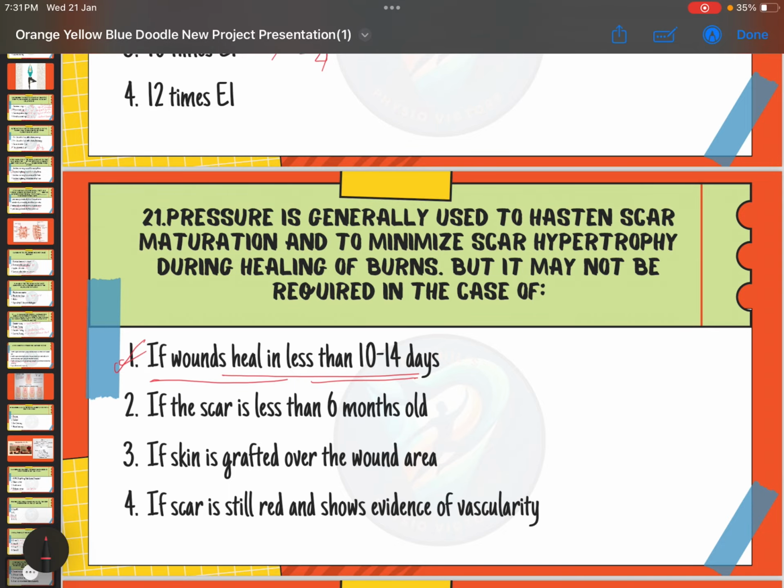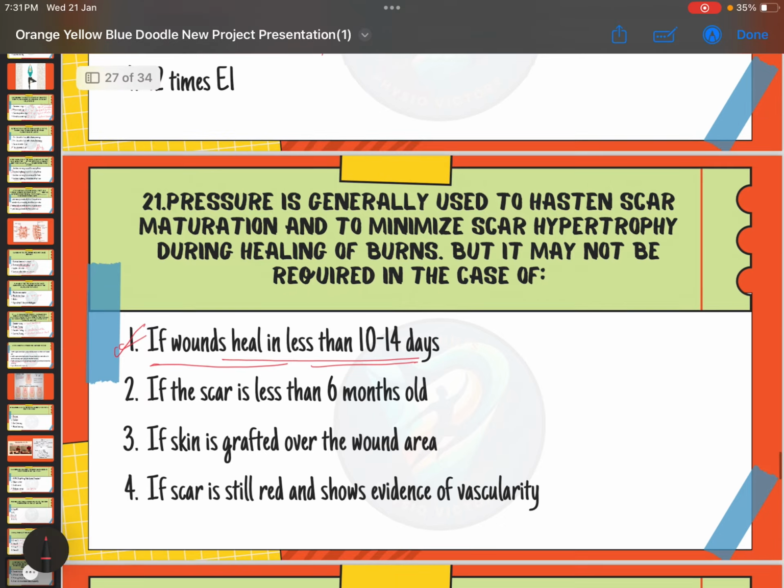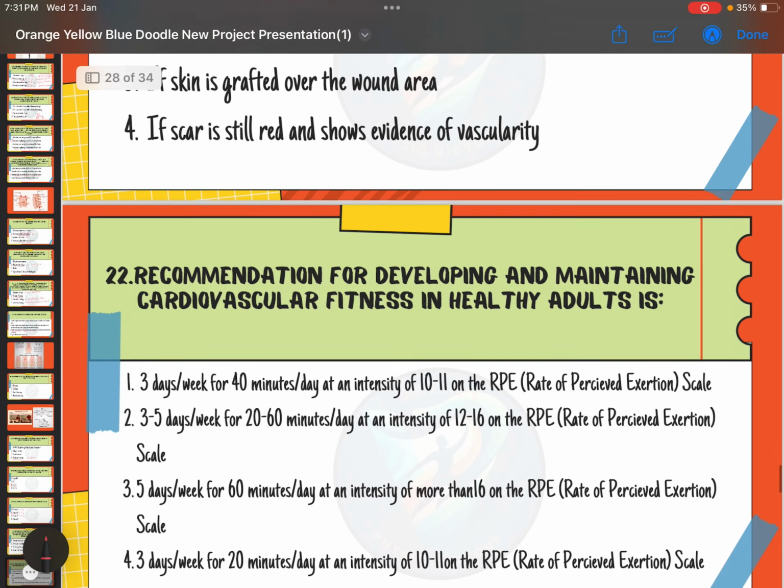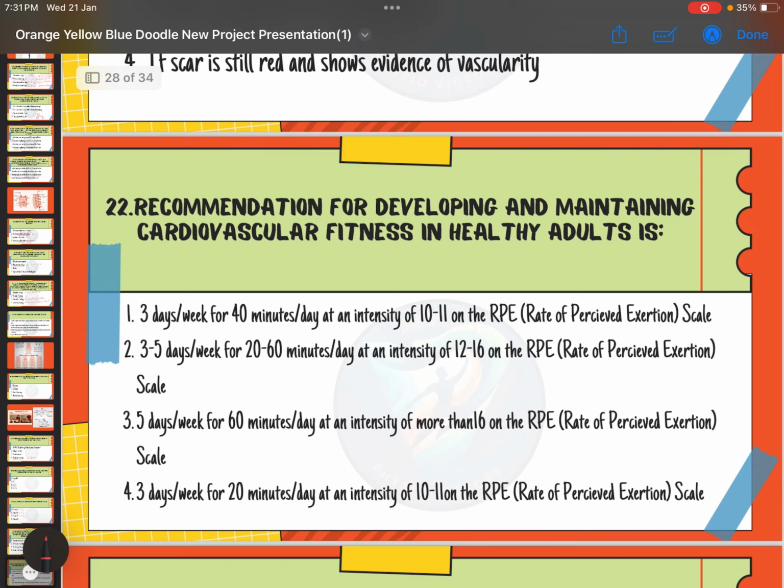Next, come to question number 22. A recommendation for developing and maintaining cardiovascular fitness in healthy adults is option 1 3 days per week for 40 minutes per day at an intensity of 10 to 11 on the RPE Borg scale.